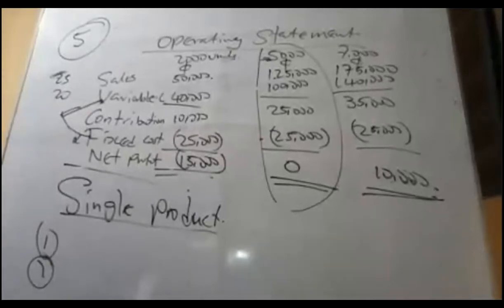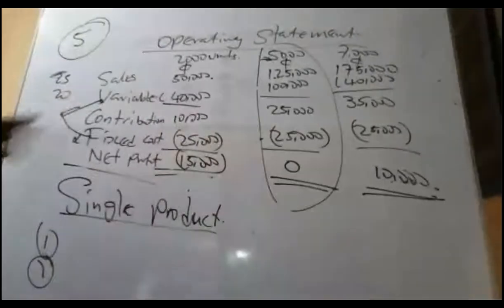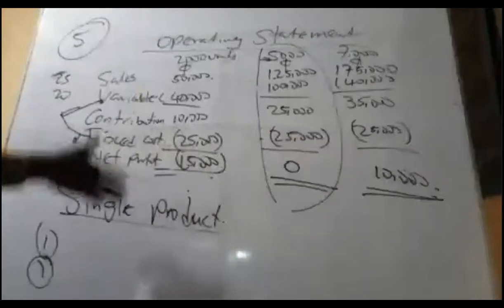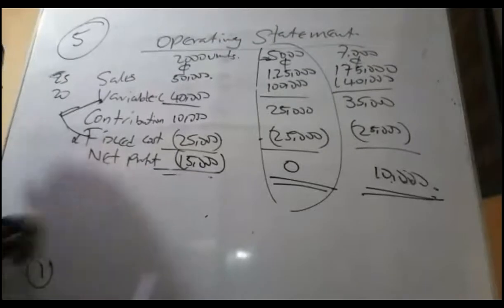Okay. That's all. Now we will start with break-even point. I don't want to clean this board because we are going to use formula to produce all what they've done here. The long approach, we are going to use formula. So can we take note?